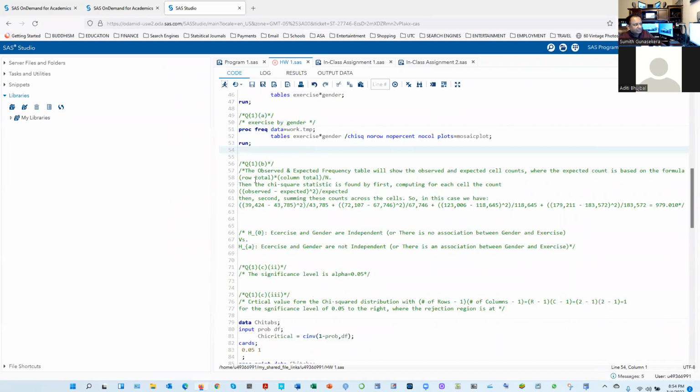The observed and expected frequency table will show the observed and expected cell counts, where the expected count is based on a formula. How do you find the expected count? You take the row total and the column total and divide by n. Row total times column total divided by n gives you the expected value.